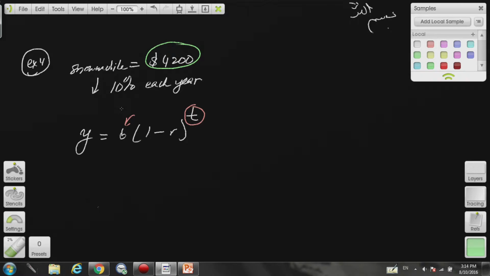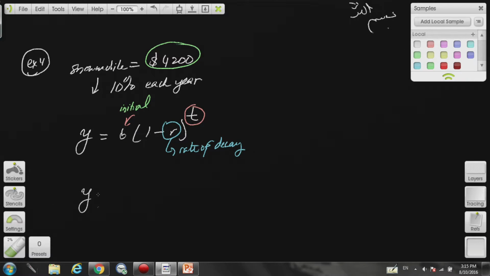This is the initial value, and the rate of decay, which is here. Okay, so let's write that. Rate of decay, so to speak, or depreciation.